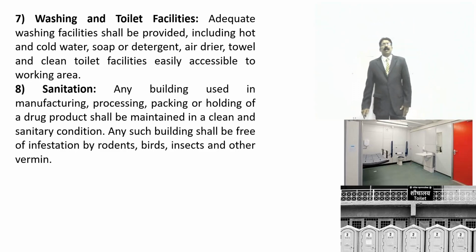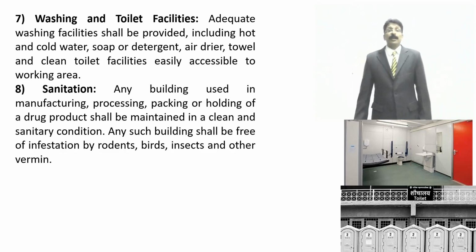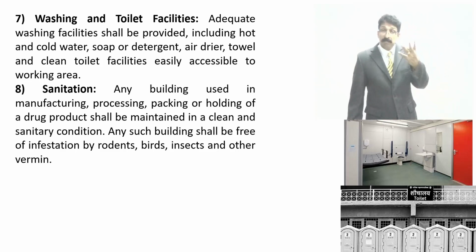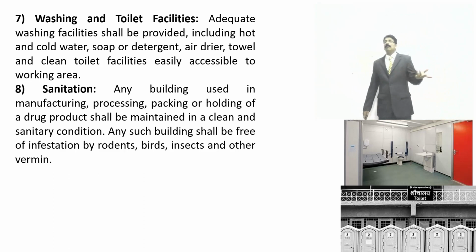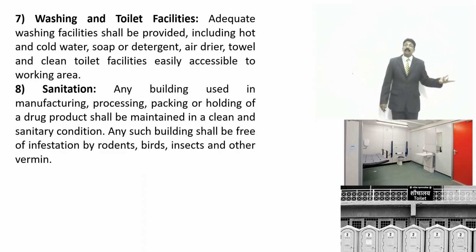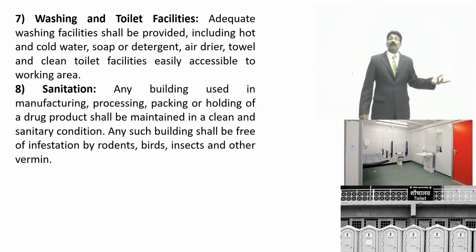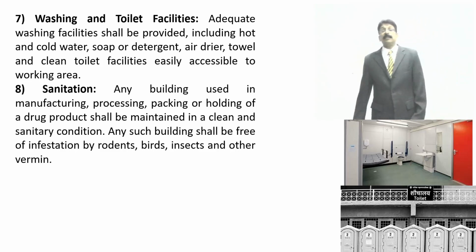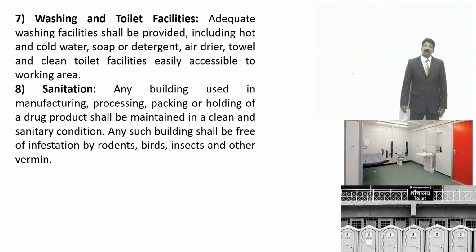Any such buildings shall be free of infestation by rodents, birds, insects, and other vermin, other organisms also. There are even many types of reptiles. So these all should be prevented. The building should be constructed in that way. It also comes under sanitation.